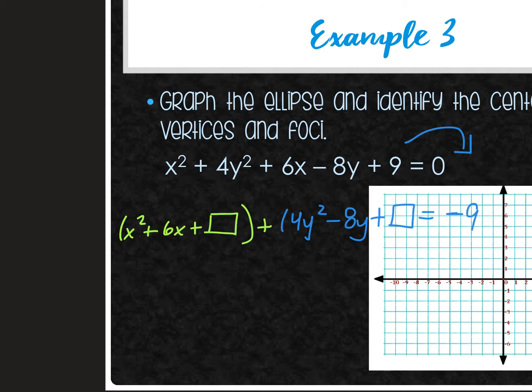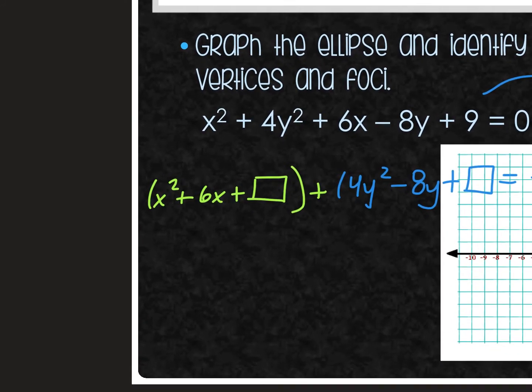Now we're going to handle this in pieces because this is a teensy tiny bit different than completing the square with circles, because your A term is not 1 on all of them. We want our A term to be 1 when we're completing the square. It already is with X's. We take our B term, 6 divided by 2 gives me 3.